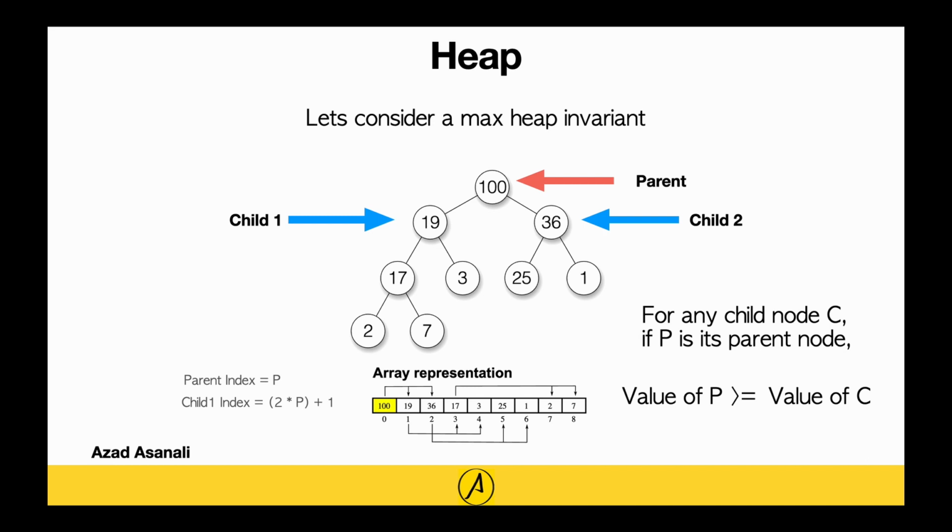So for index 0, the child is at 1, and the next child is at 2 times the parent plus 2, so 2. When you take the children of 19, which are 17 and 3, both are less than the value at index 1. That's how we are maintaining the max heap property.